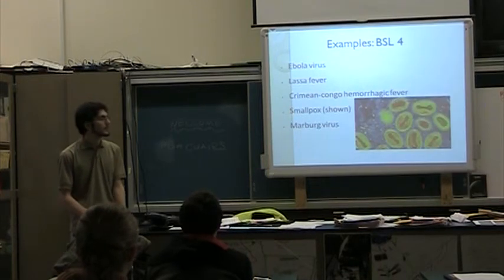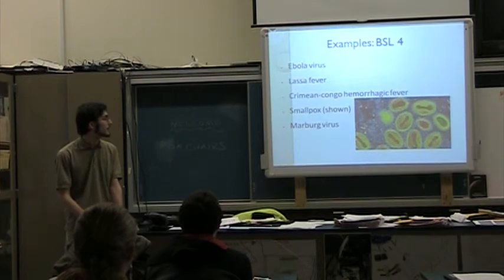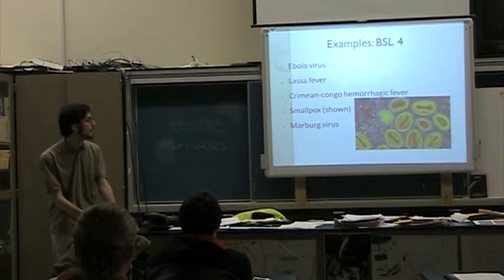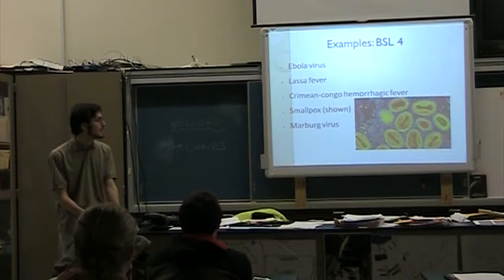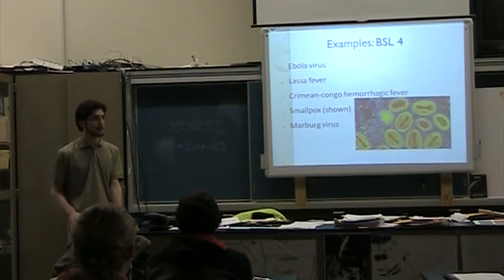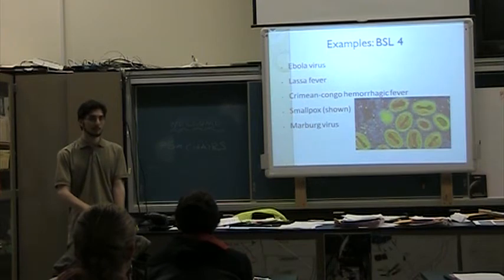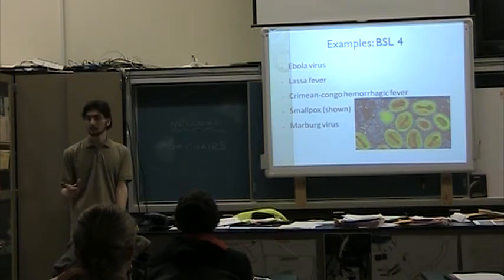Examples of biosafety level 4 are the Ebola virus, Lassa fever, Crimean Congo hemorrhagic fever, and smallpox, as well as Marburg virus. And a lot of these we've worked really hard to contain and wipe out. So smallpox, these diseases are kept under the strictest conditions to make sure that they don't re-emerge into the world, basically. Good question.